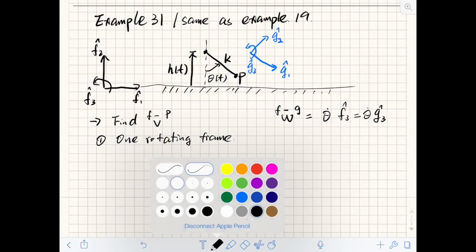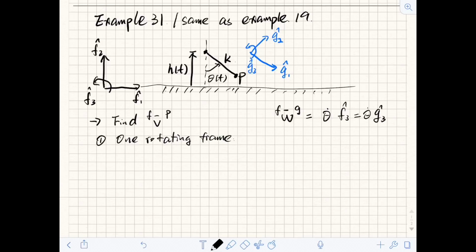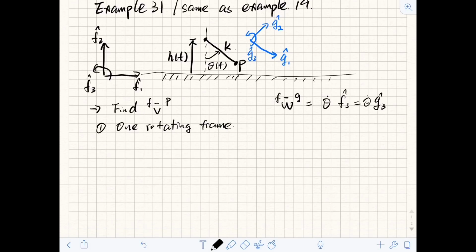Now let's write the velocity expansion. We have the velocity of point P in F equal to the velocity of G in F, plus the velocity of P in G, plus the angular velocity cross the position vector GP.